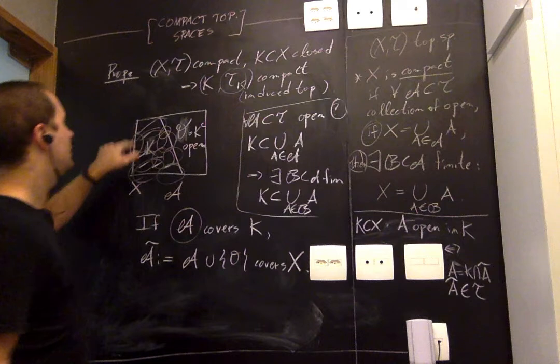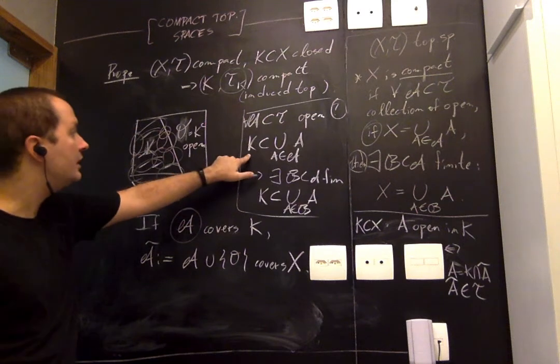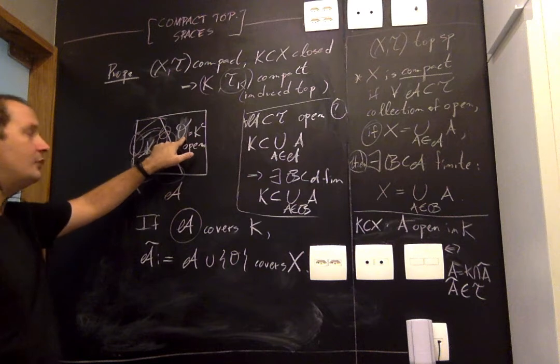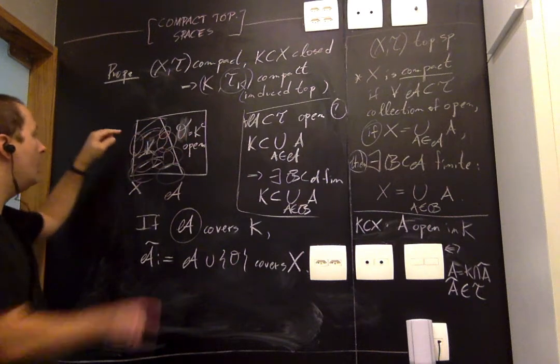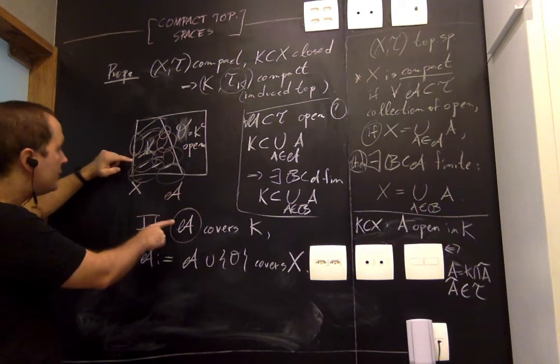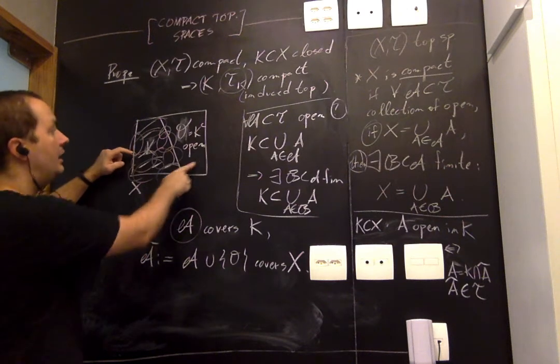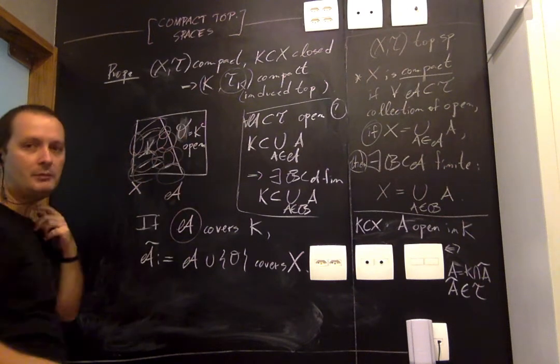What about X? Well, all points of X are either in K, and therefore they belong to this union, or they're in K complement, and therefore they belong to O, right? So all points of X are contained in this collection of open sets consisting of this original collection covering K, and this extra open set, which is K complement.